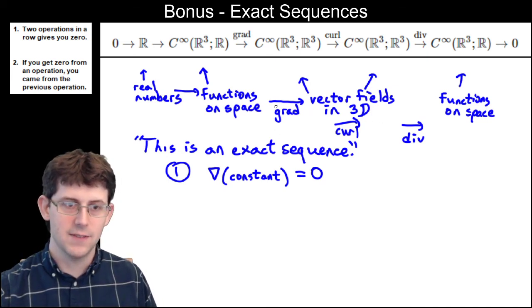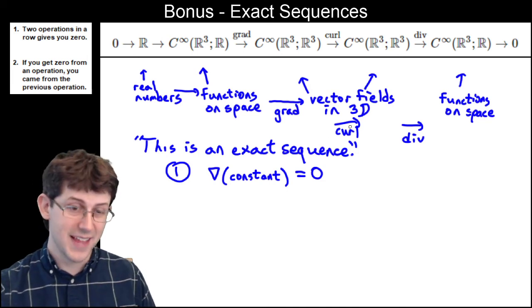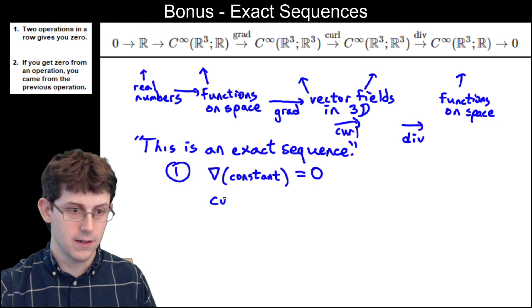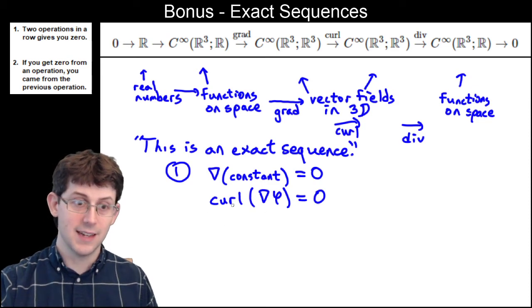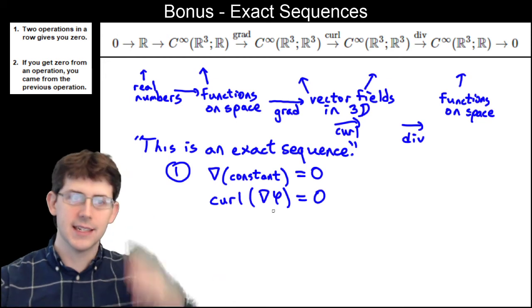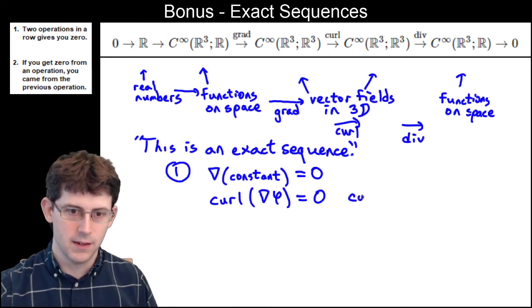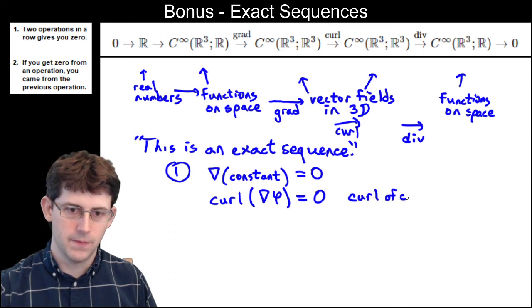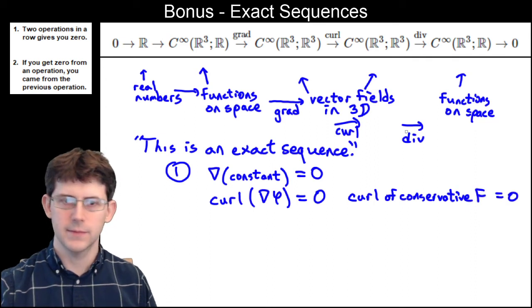These 2 say that if you take a function and you take its gradient and then you take the curl of that, you get 0. This is a fact that got almost a whole section about it. It says that the curl of a conservative vector field is 0. What about the next 2?